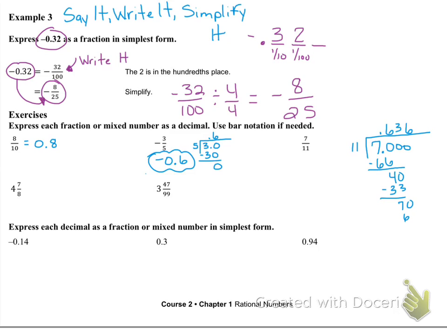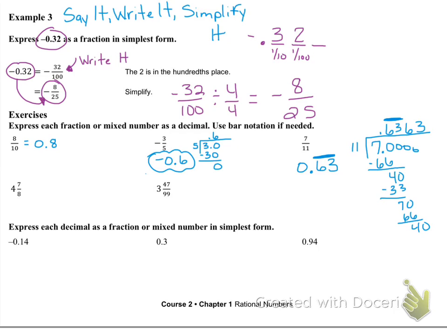Oh, looks like we're going to have a repeater. Drop a 0. 11 goes into 40 3 times. That 6 and 3 are going to repeat. Not just the 6, not just the 3, but both of them. So 7 elevenths is equal to 0.63 repeating. You put the repeating bar over both of those digits.